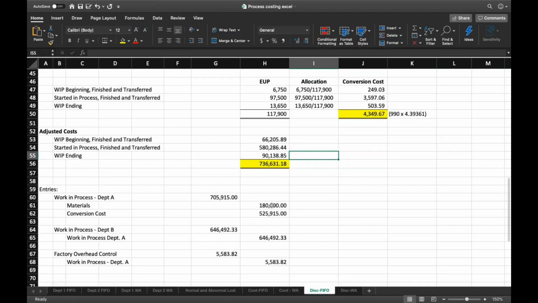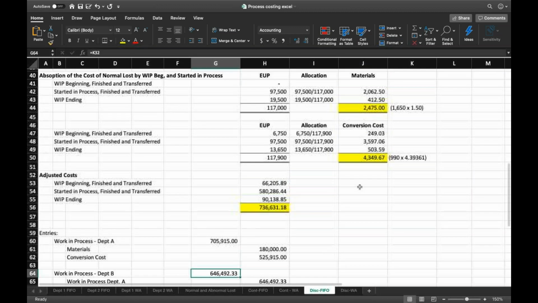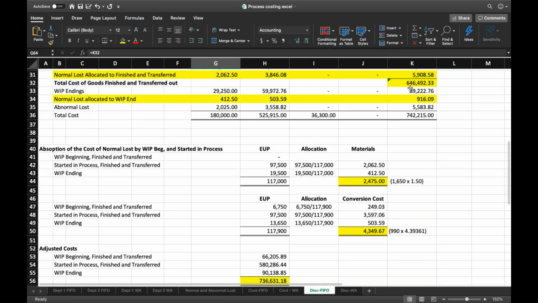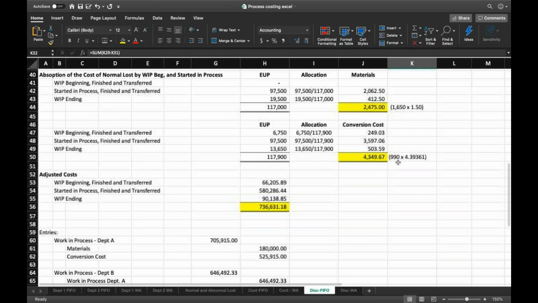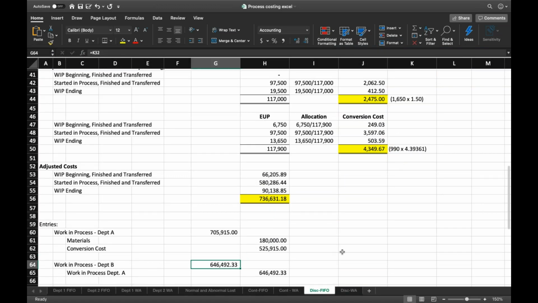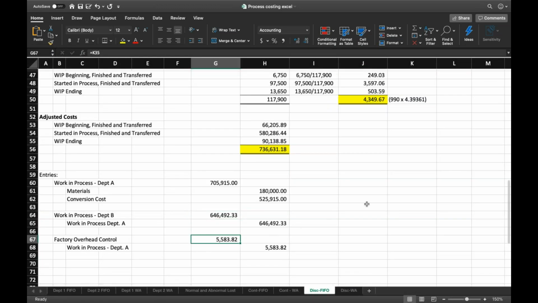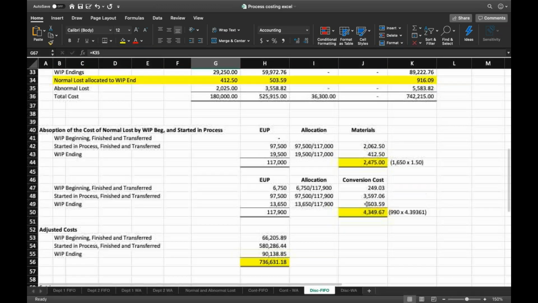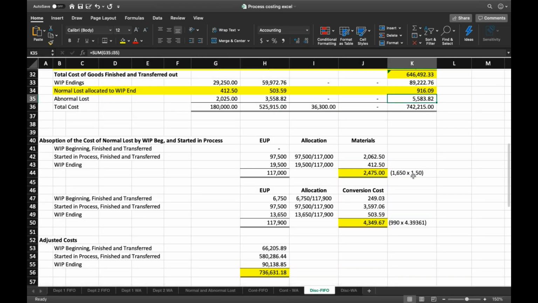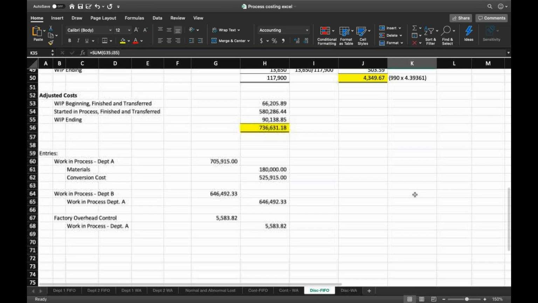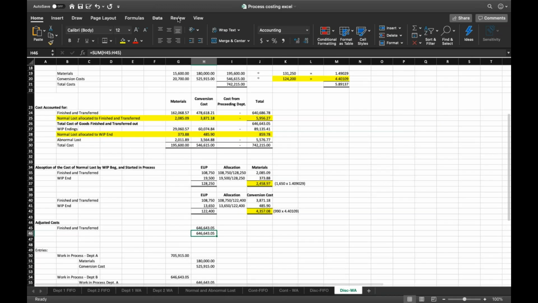Cost incurred for this month, transferred and completed 646, 646. Cost of abnormal loss.